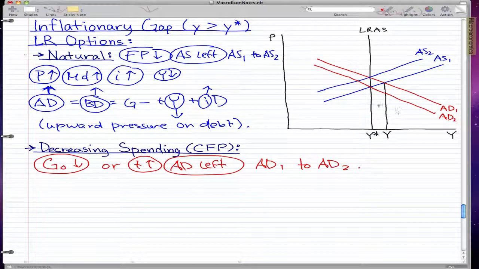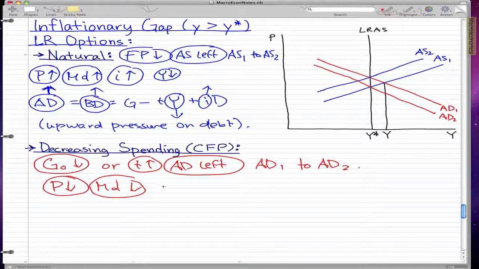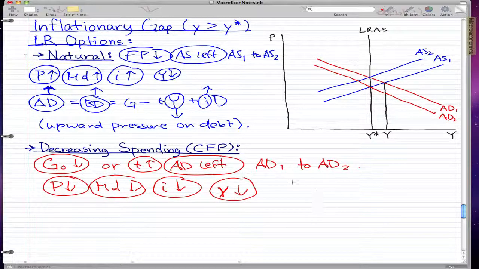It goes from AD1 to AD2, so you can see right away that the price has fallen. And when the price falls, we expect money demand and interest to do the same. This is all review. And then we expect Y, our total output, to fall from Y to Y star, back to equilibrium.